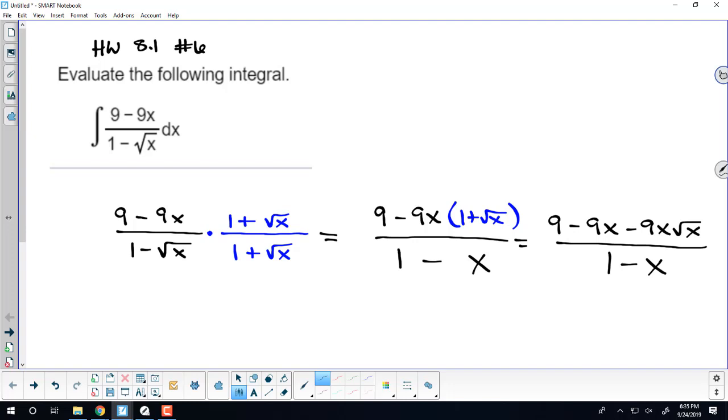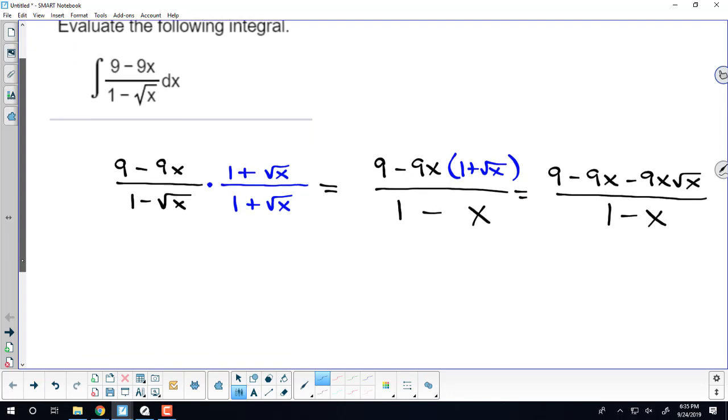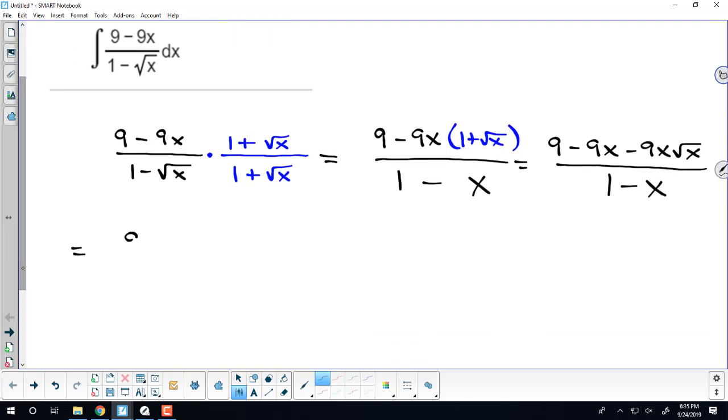Maybe at that point we could break each one up over the 1 minus x, but I don't know if that's going to help either. We can certainly find the antiderivative of 9 over 1 minus x. This one might be a little more difficult than this one, maybe even more difficult.